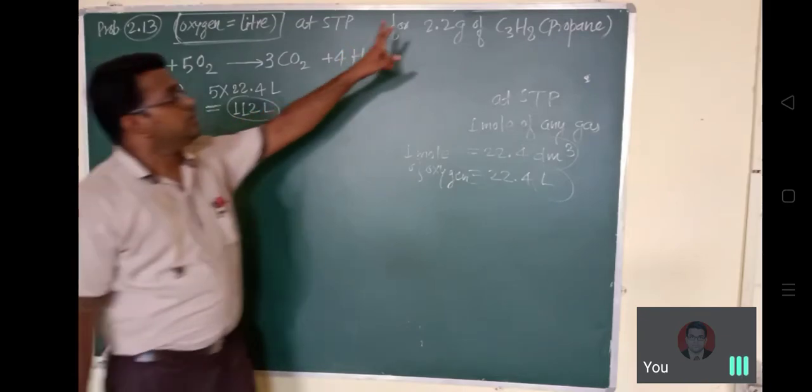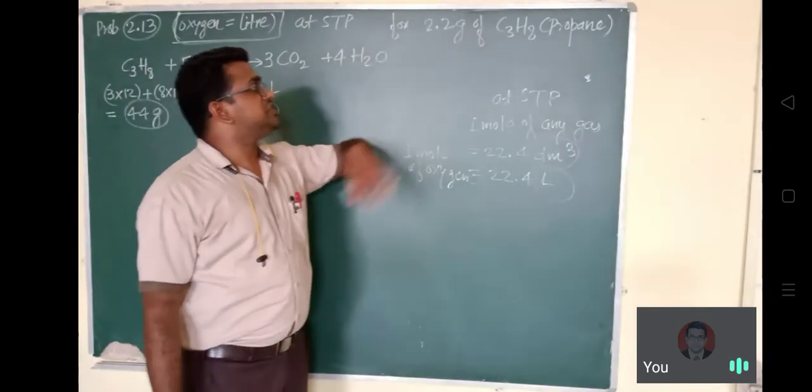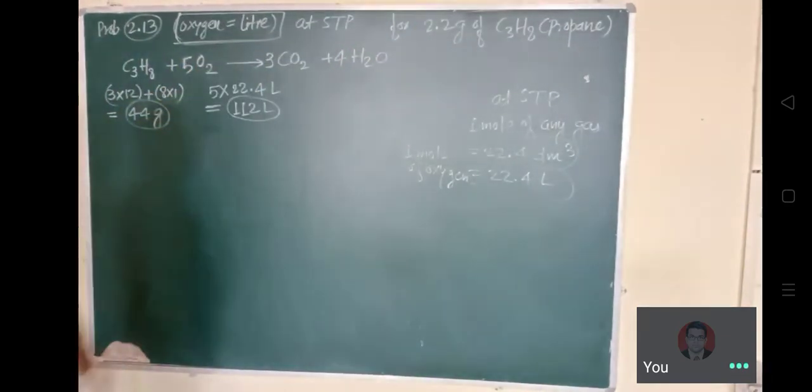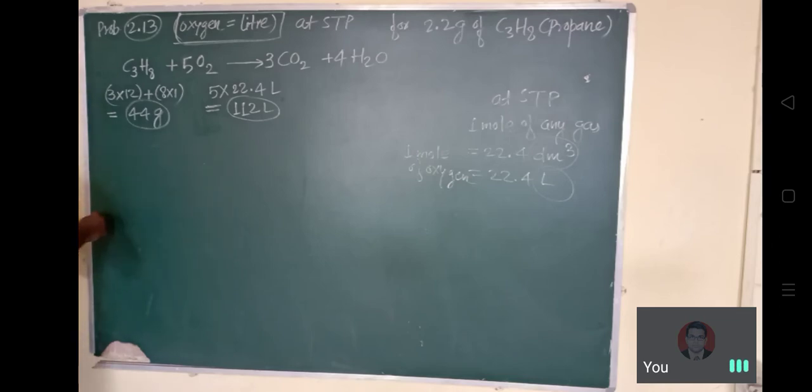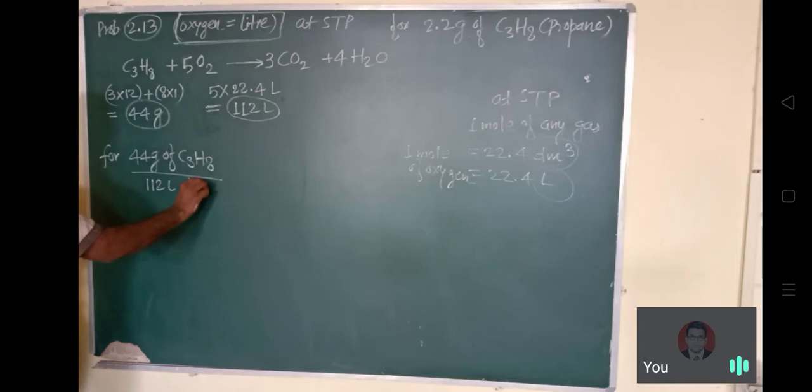So for 2.2 grams of C3H8, how much will be the oxygen? We can correlate this. For 44 grams of C3H8, it requires 112 liters of oxygen.